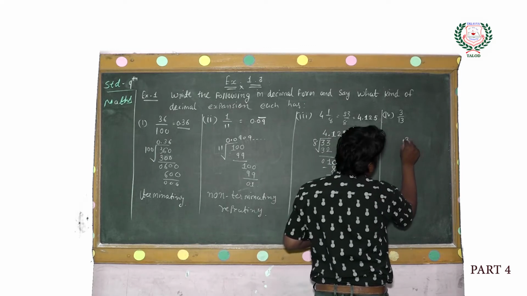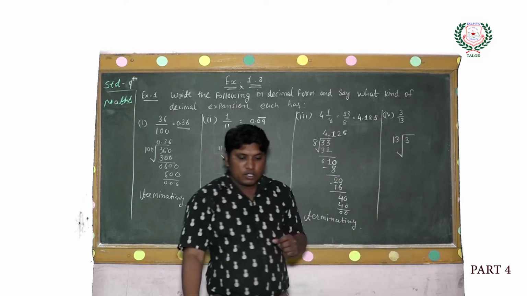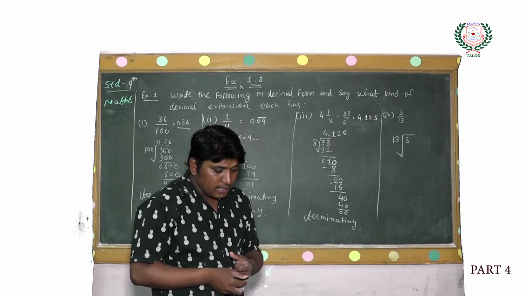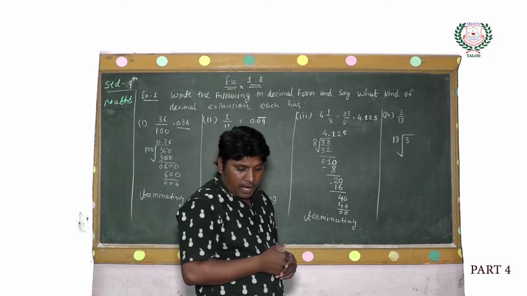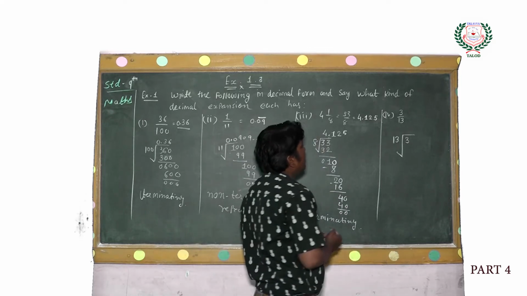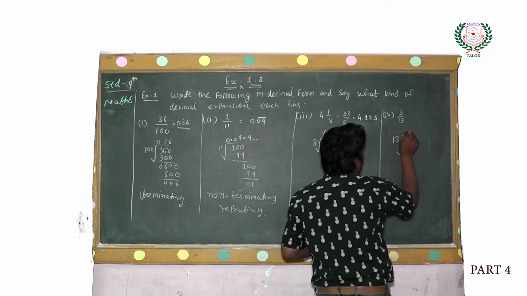Fourth one, you have to divide 3 by 13. So, as in the second sum, we are going to do it like that. So 13 is divided into 3. So 30, so here 0 and put here a point.